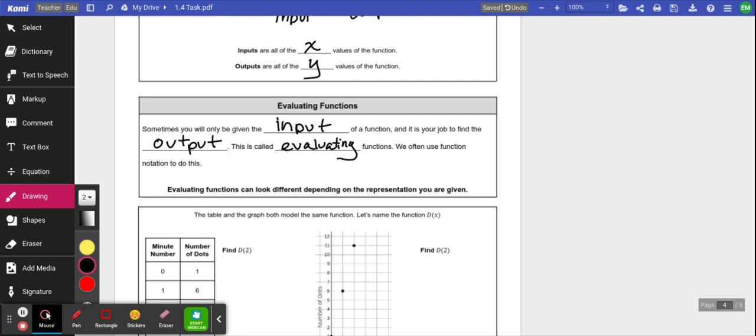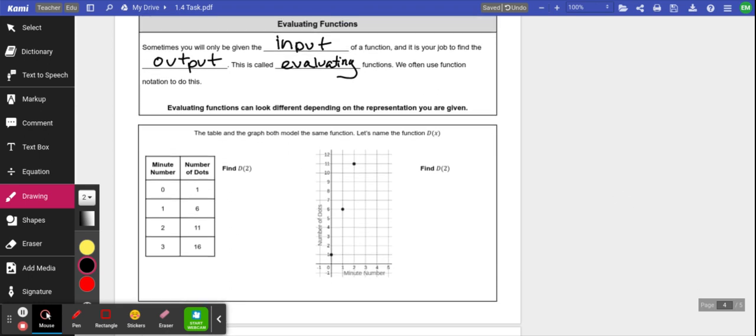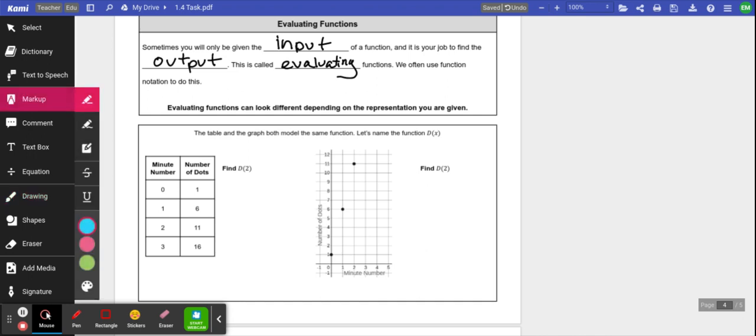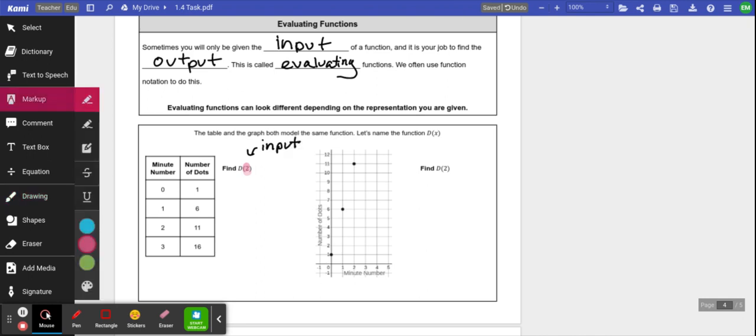So for instance, in this first problem, we have a table of values, and we are given the name of the function, which is d, and we're given the input of the function, which is a 2. That is our input. So we have to identify where the inputs are in a table, and those are going to be these numbers right here.